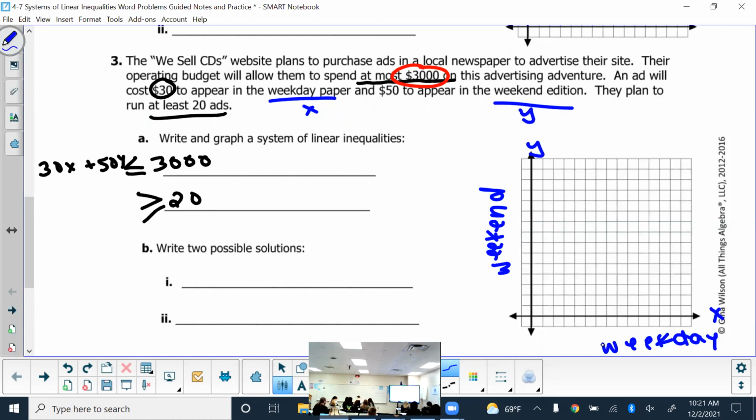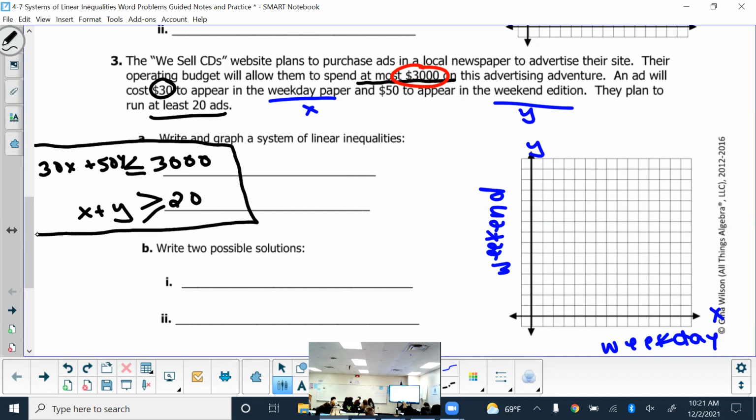All right, now the other inequality is about how many ads you run. So what should go over here? Just x plus y. All right, questions about that? All right, so that's a good way to model it. That's what a lot of your answers look like on your test.